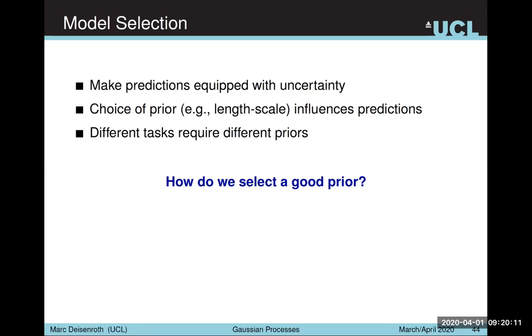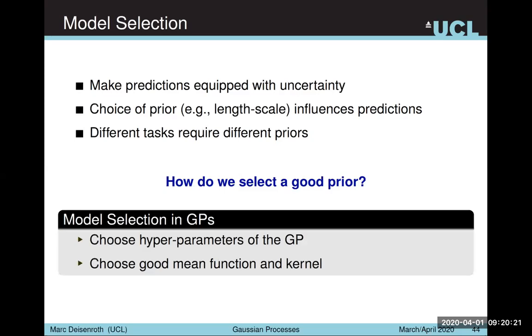Okay, so the question is, how do we select a good prior? When we talk about priors, we're going to talk about two different things today. We can talk about choosing hyperparameters of the Gaussian process, which are the parameters of the kernel and maybe the parameters of the mean function.